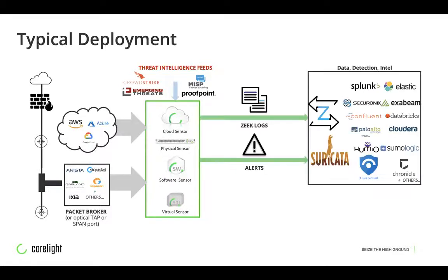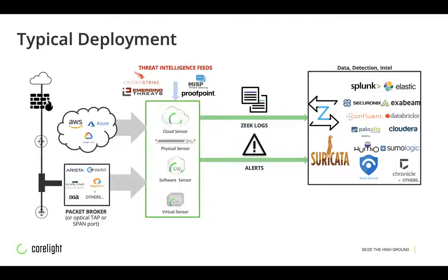Coming out of the Corelight sensor is the high-fidelity, rich metadata extracted from the traffic in addition to the alerts, which can then be exported to any of the next-generation visualization platforms or security data lakes shown here. You can even choose specific log types and export to multiple visualization platforms.